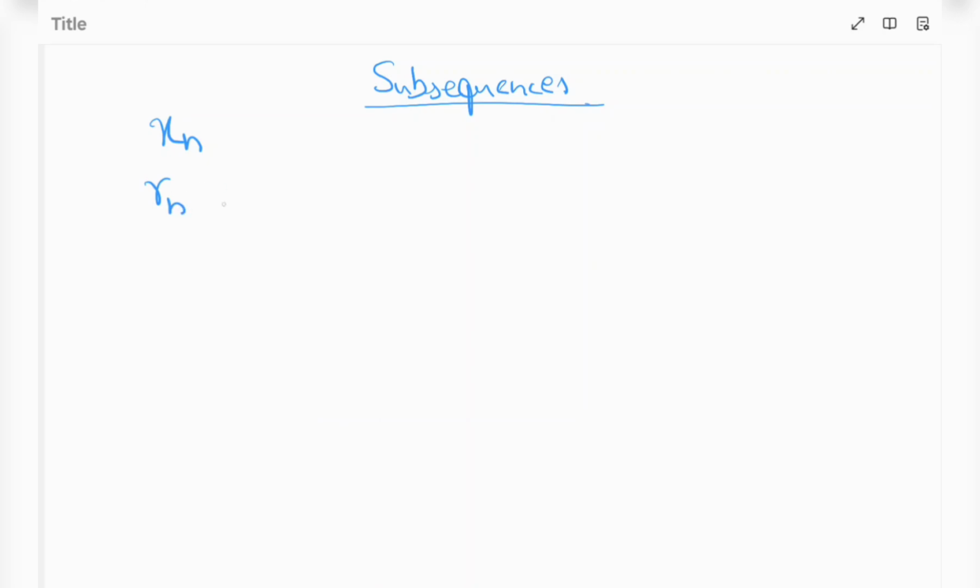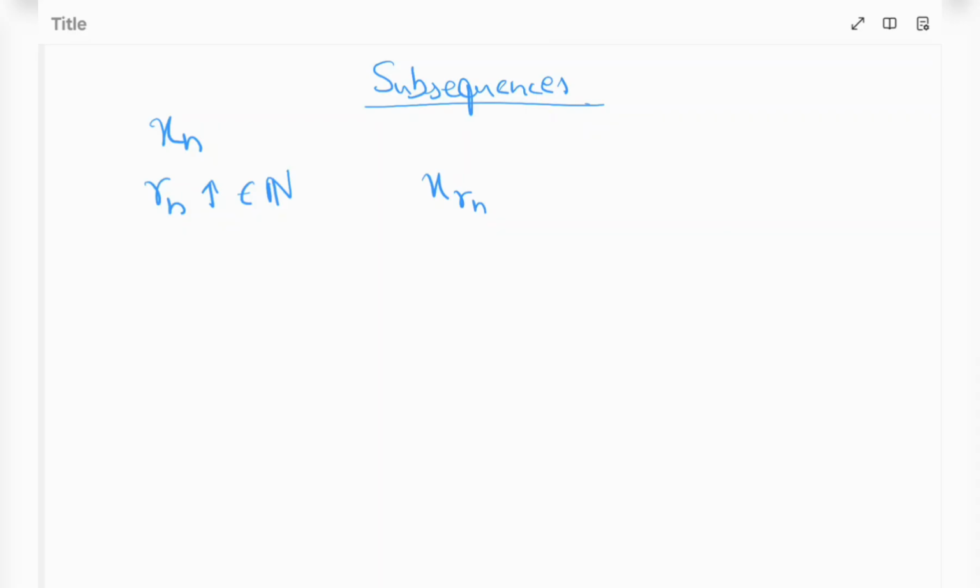If Rn is strictly increasing and belongs to the natural numbers, then you can say xRn is your subsequence.